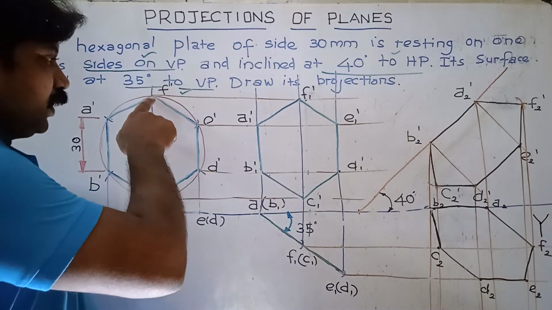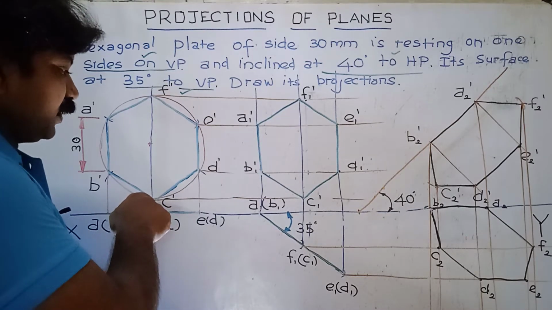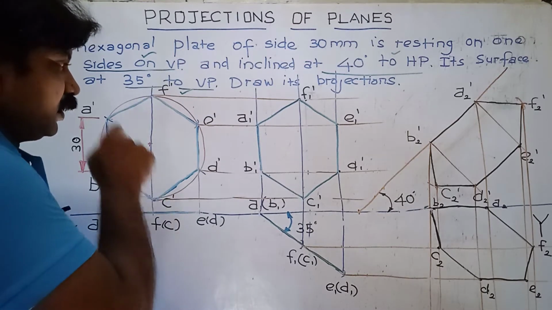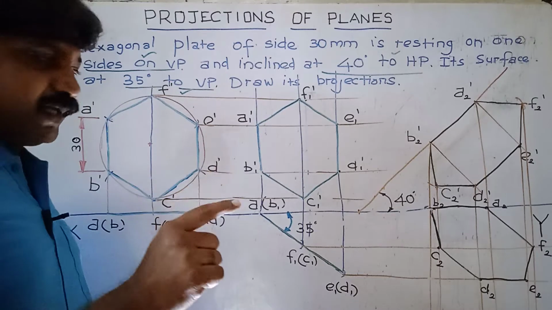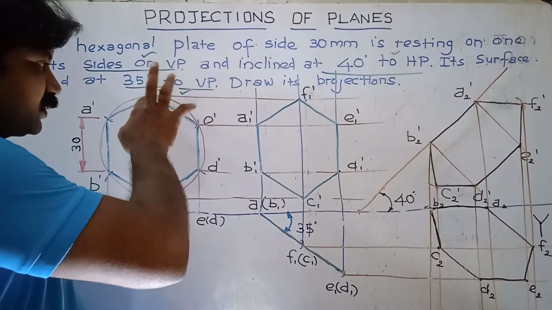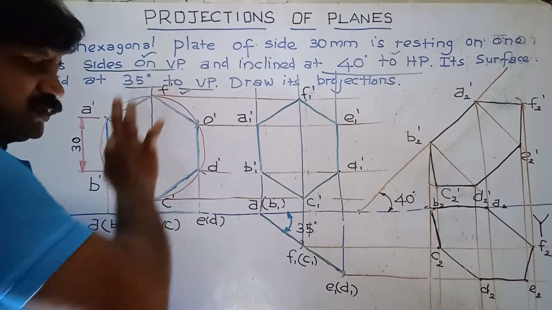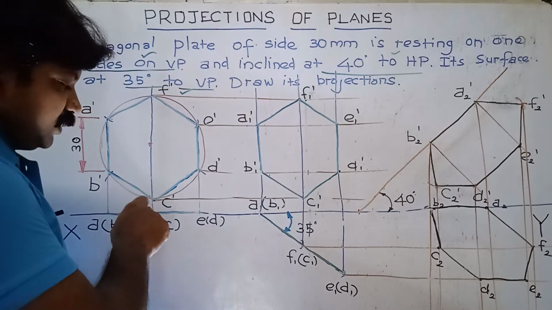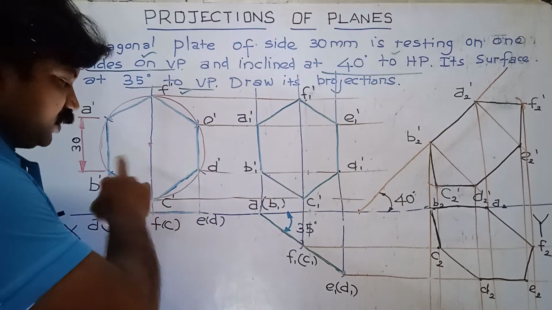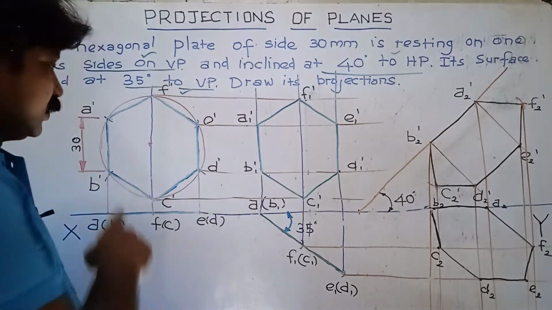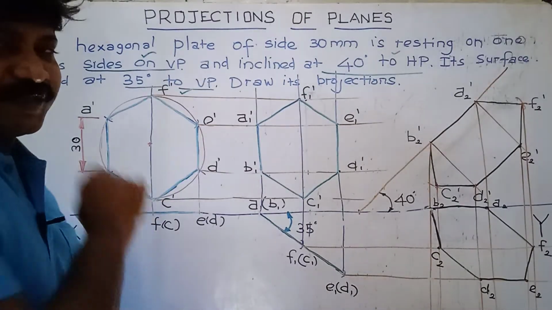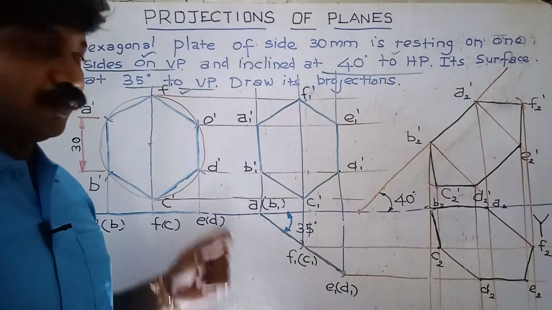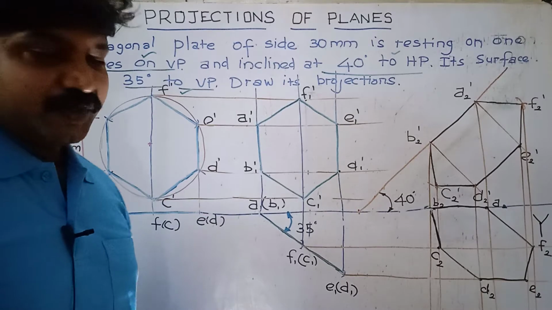From the intersecting points, both up and down, with the same 30 mm as radius, draw the arcs on both sides. This cutting point as center, draw the arc on both sides. Similarly, at the bottom, this cutting point as center, draw the arcs on both sides with 30 mm as radius. Join all the points to get the regular hexagon. This is a simple method. No need to take 120 degrees at each side.